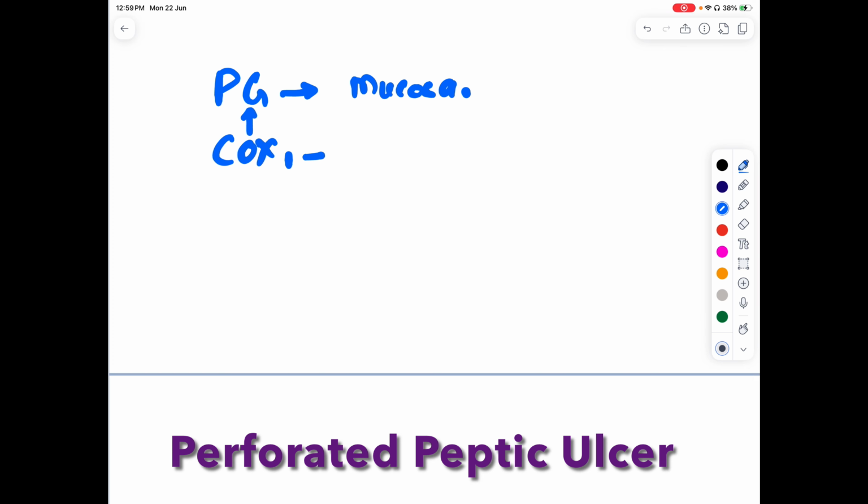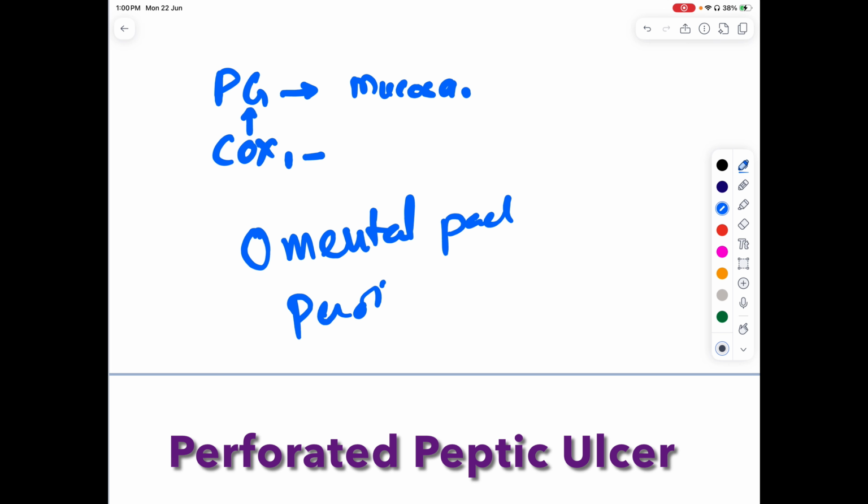Then it is a topical irritant of the mucoepithelium, impairs the properties of mucosa to heal, and decreases mucosal blood flow. It has to be managed by the CRISP protocol. Definitive management will be laparotomy, doing omental patch or suturing, peritoneal toilet and drains, and biopsy to rule out malignancy.